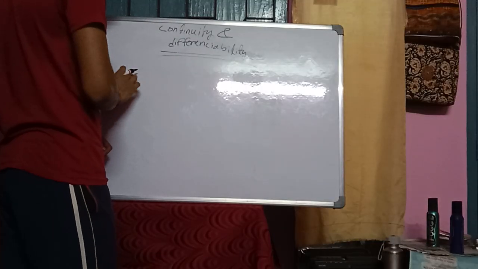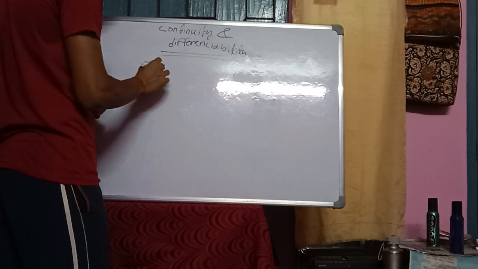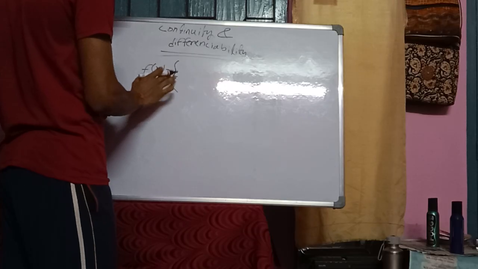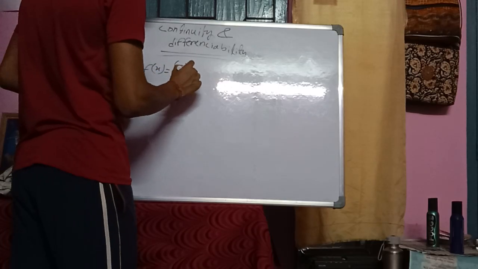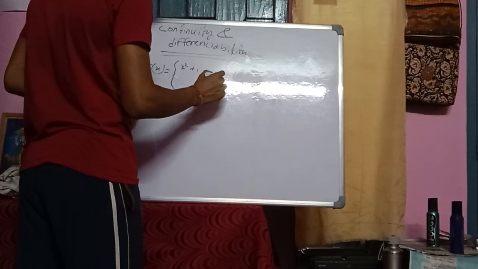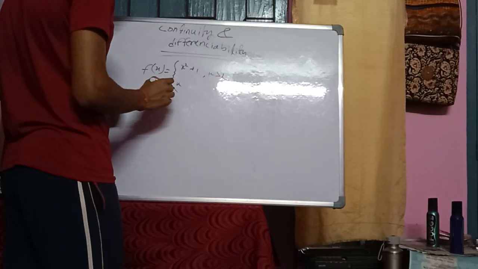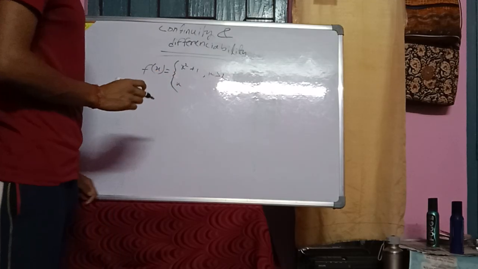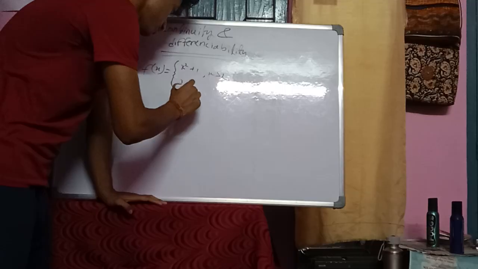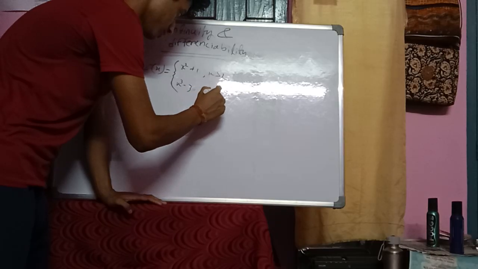Let's say we have a function f of x which is x square plus 1 when x is bigger than 2, and it is x cube minus 3 when x is less than or equal to 2.